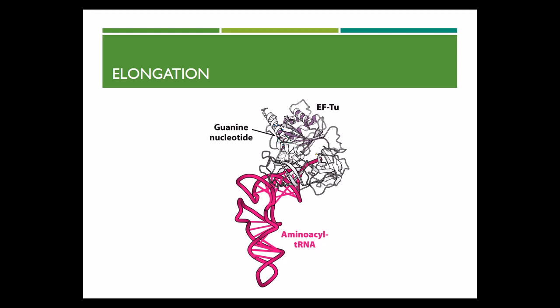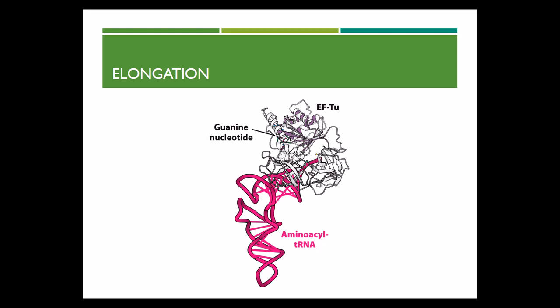Protein growth, or elongation, occurs when an aminoacyl transfer RNA enters the A site of the ribosome. As I said just a slide ago, it is the initiator transfer RNA that's the only one that enters the P site without first binding to the A site.